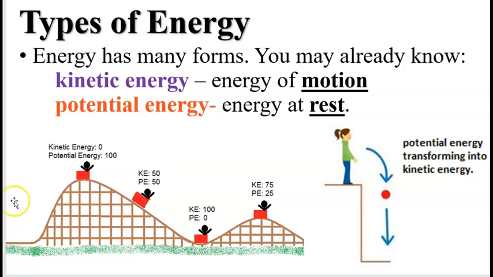So you can see the person on the roller coaster at the very top is not moving, so they have no kinetic energy, but they have lots of potential energy, this energy at rest. Whereas if you go halfway down the roller coaster, you have some kinetic, some potential, and at the bottom of the hill, you have no more potential energy, but you've used 100% of the kinetic energy. These are all from motion.